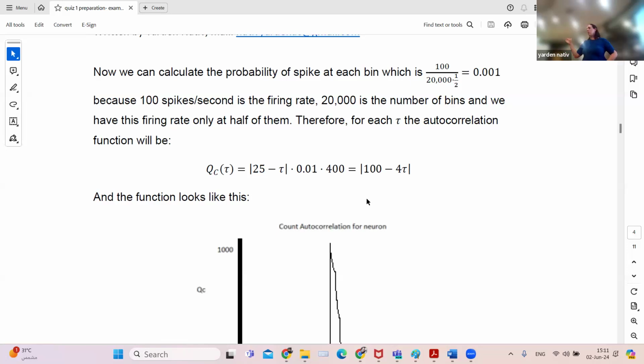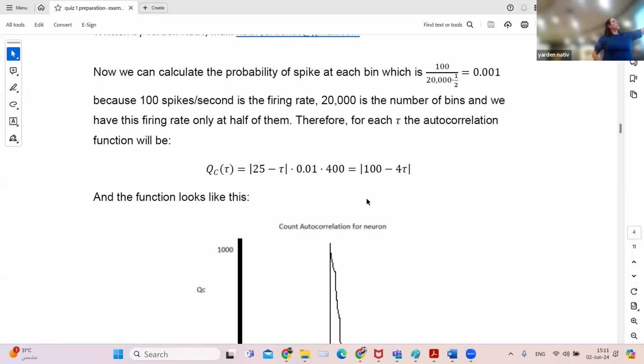It is the same, because 0.1 multiplied by 0.1 is exactly this. Why is it divided by half? Because you have spikes only in half of the sample. But it should have been 0.1 as we did before. Yes, it is equal, it's just another way to calculate it.